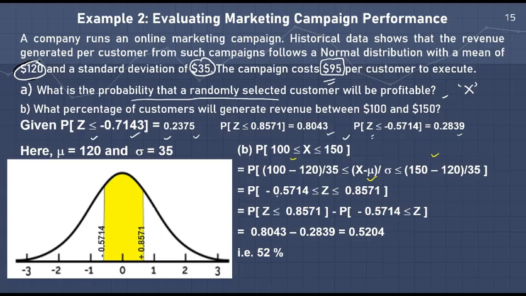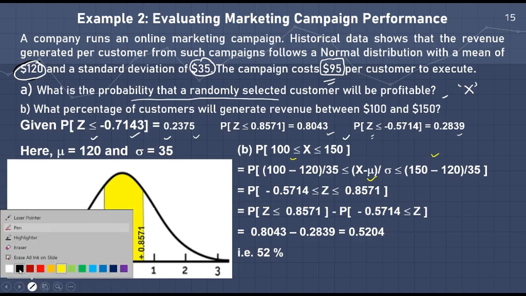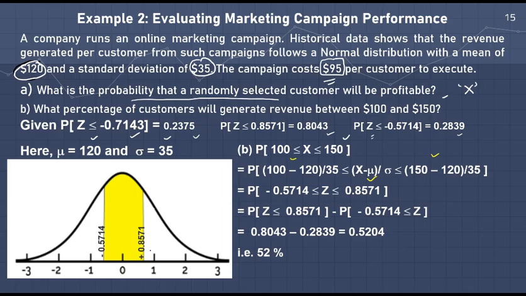You see, we are giving you the Z values. If you compare it in the curve, you see 0.8571 is here, this point. So I draw a line, this particular line. And then we take this value, that is 100 minus 120 by 35, that is minus 0.5714.